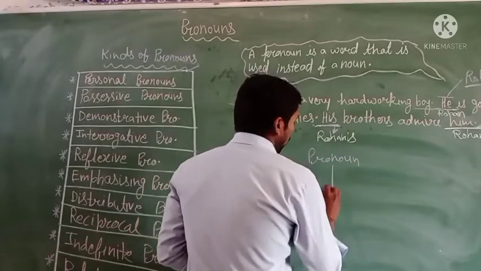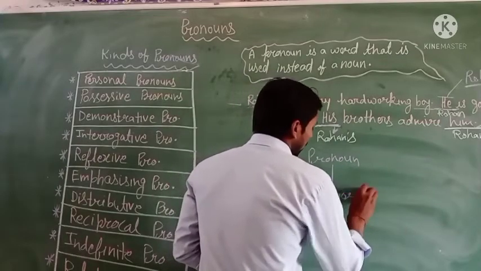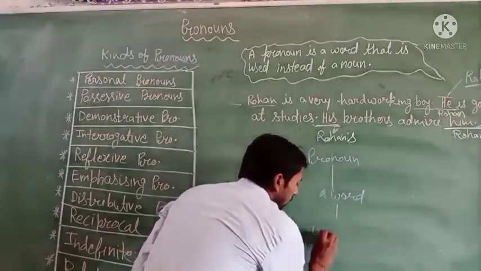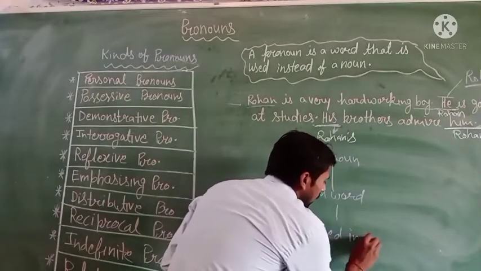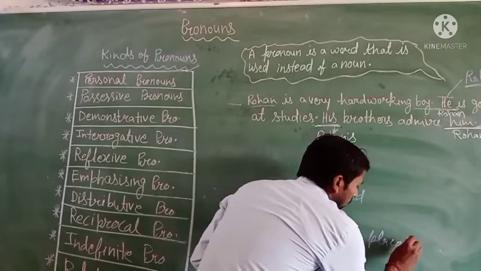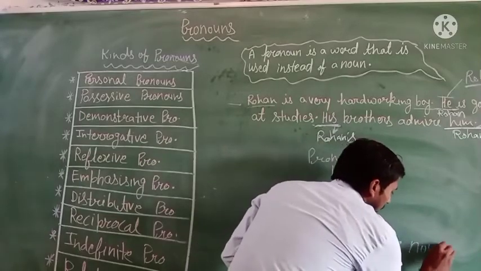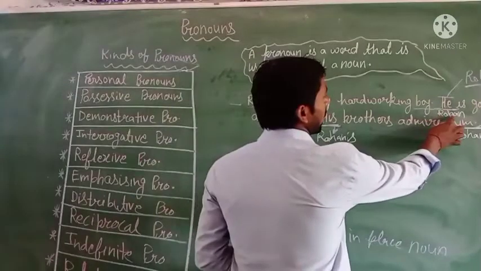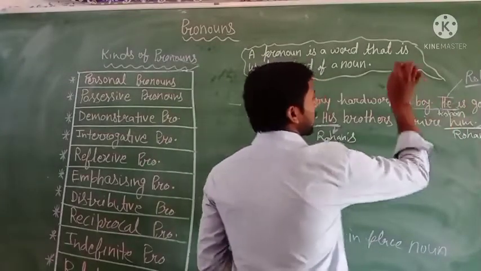So simply we can say that a pronoun is a word that is used in place of a noun. You can see here the noun Rohan. In place of the noun you can use he.